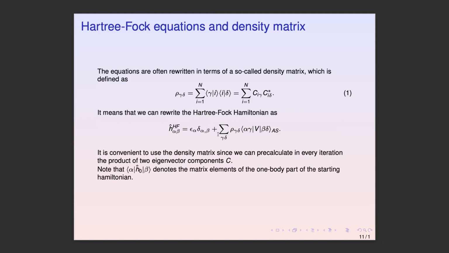So instead of having a triple sum, you have just a double sum. When you solve the Hartree-Fock equations, you have these coefficients, and you can then calculate the density matrix, pre-calculate this quantity, and reuse that one in the calculation of the Hartree-Fock Hamiltonian. This is a kind of a trick, or not exactly a trick, but it is a more efficient way of running the calculations when you do both a Hartree-Fock calculation and a density functional theory calculation.